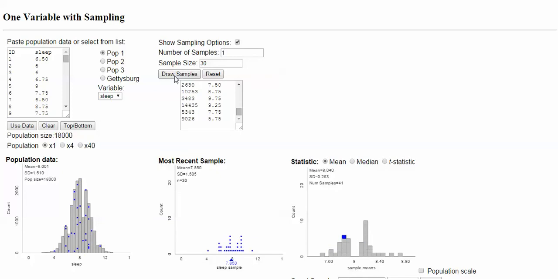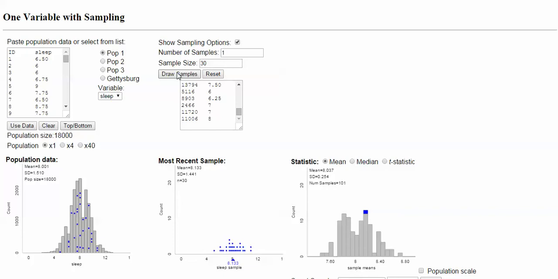So as we calculate more and more sample means, the sample means build up over here. And notice how this time they're more on target than they were before. In other words, the sample means are a lot closer to the population mean than they were last time, because when you take a larger sample, the sample mean usually ends up being closer to the population mean.